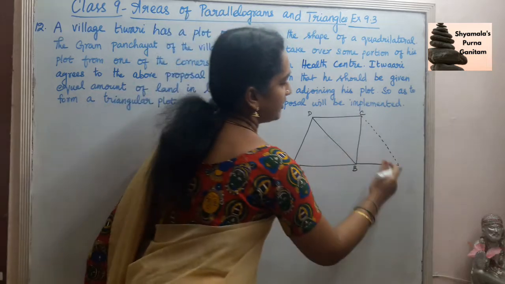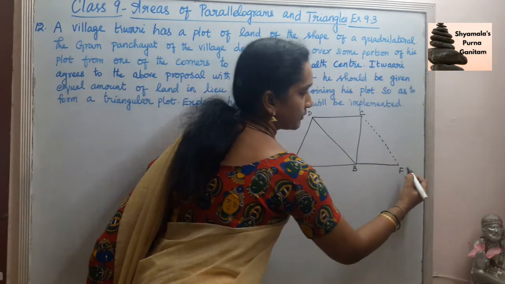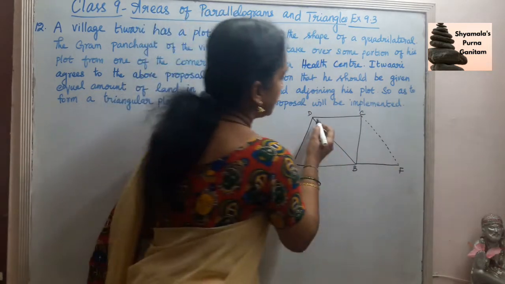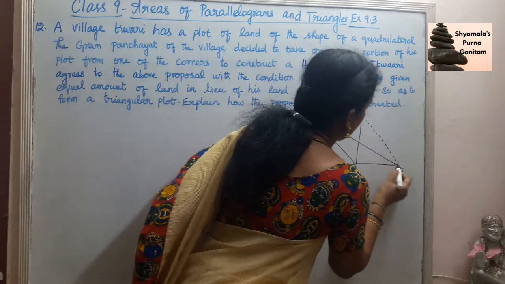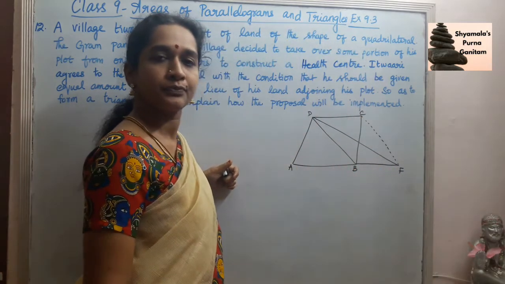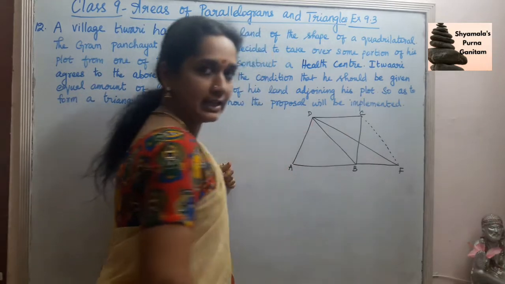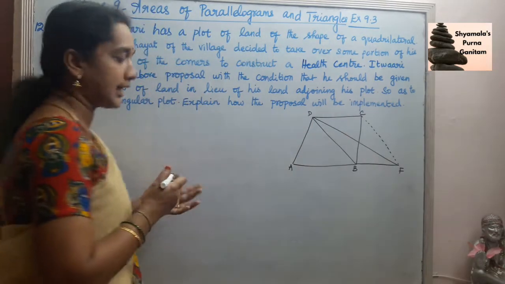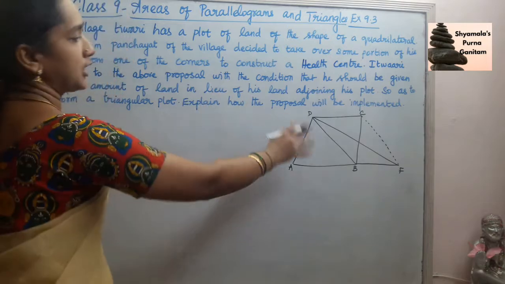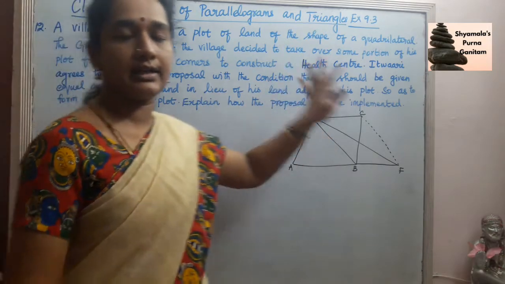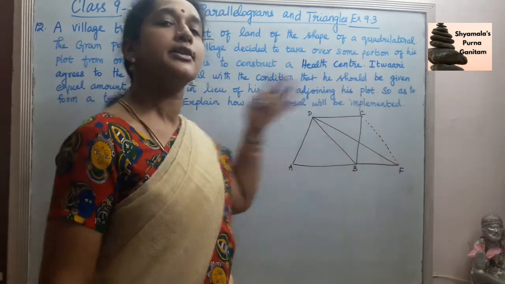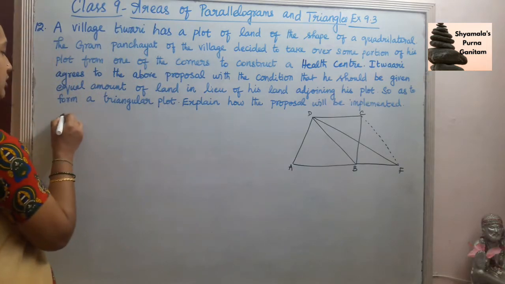We will name that point F. Then we will join D and F. Now I will tell you what has to be done. Whatever I have done here, this diagram also we are doing. So we will write the explanation for that.